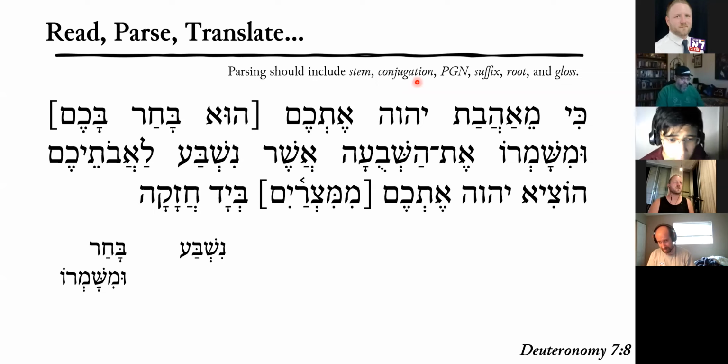But the conjugation, is this perfect, imperfect, jussive? Perfect. Third masculine singular. Suffix none. Root shava, to swear, to take an oath. So with the third masculine singular, we're going to say he swore. Who is the subject of this verb?